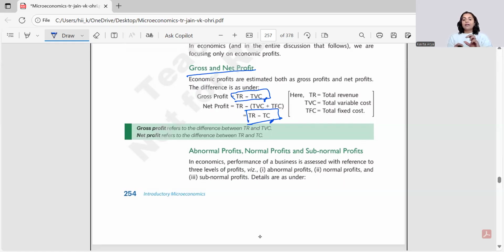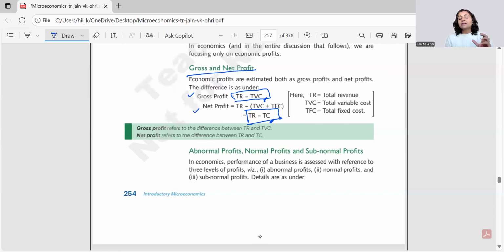For example, if some sort of expenditure is happening daily for the business, are we able to cover at least that expenditure daily? Right. So if we are able to cover at least that expenditure which is happening in routine, which is not fixed in nature, then it means we are having some sort of gross profit.